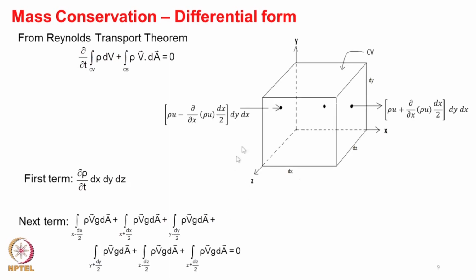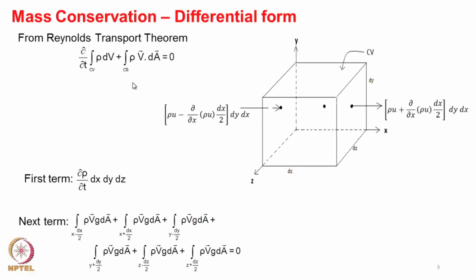So, let us take a three dimensional representation of a volume, a fluid element, with the elemental length defined in each direction. For example, dx is the length of the element in the x direction, dy is the length in the y direction, similarly dz is the length in the z direction.